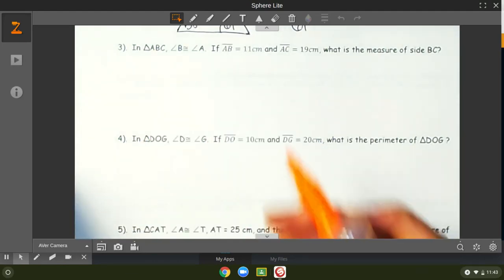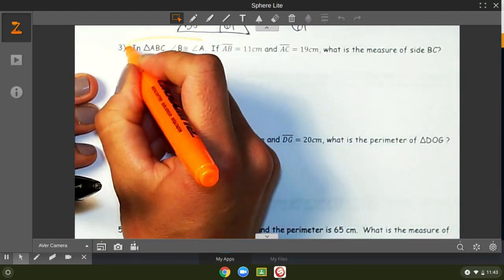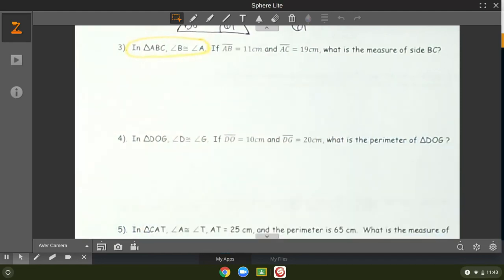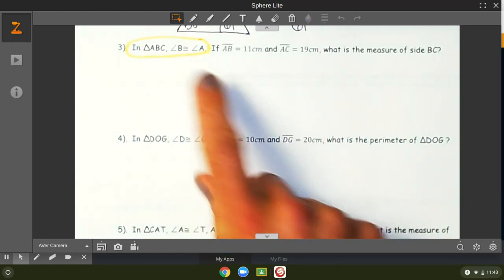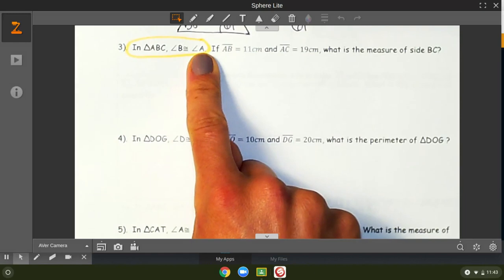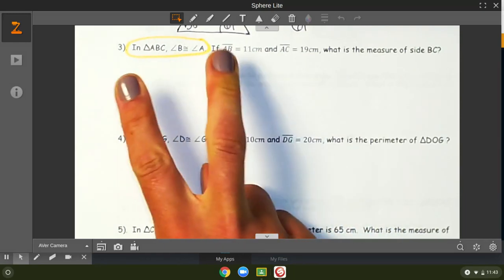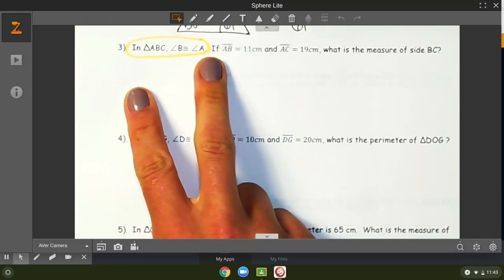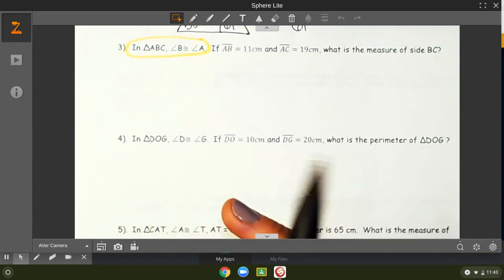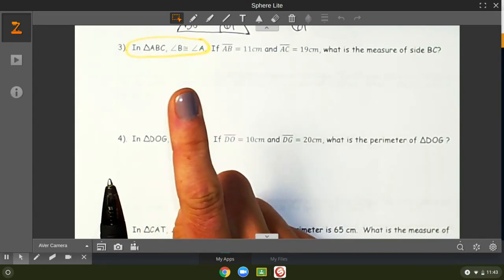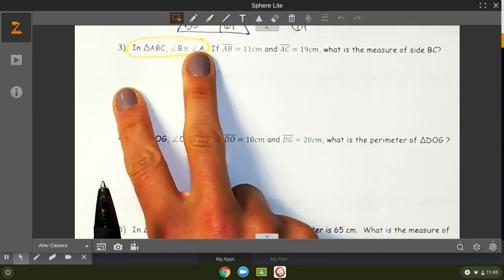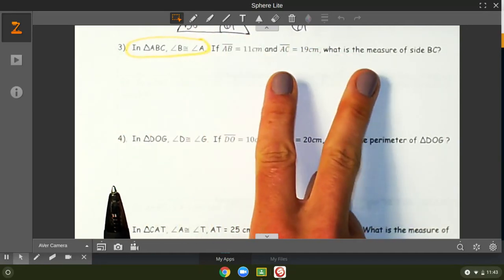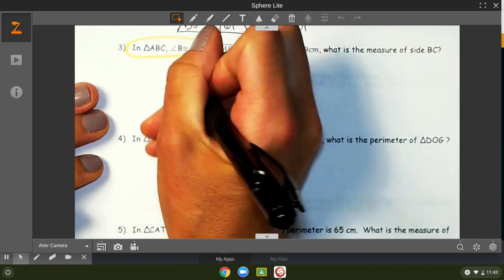Yes, we do, because of this very first sentence. In triangle ABC, angle B is equal to angle A, which means if you have 2 equal angles, what type of triangle is it? You got it. It's isosceles. But also remember, if it has 2 equal angles, it also has 2 equal sides.